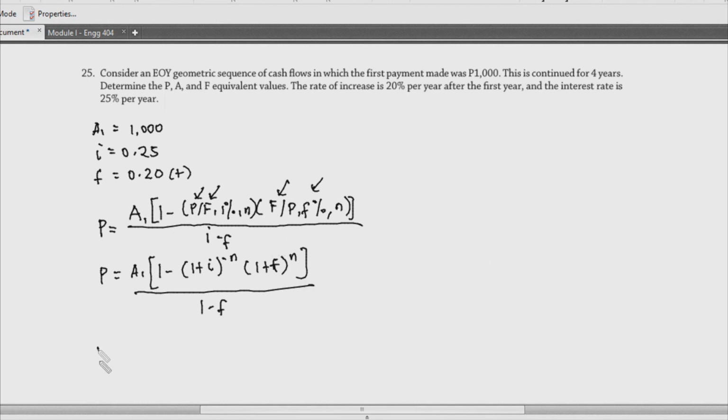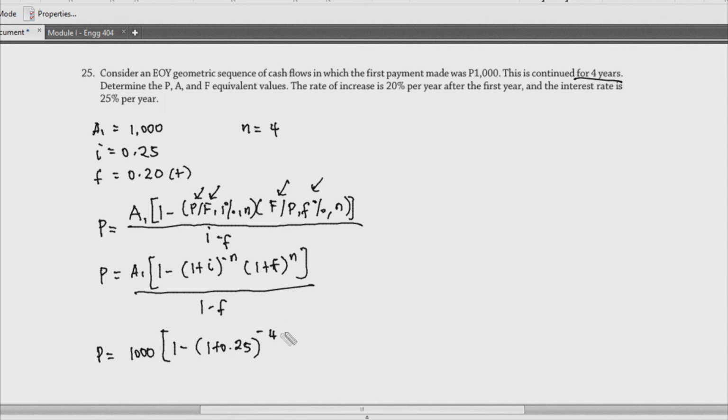Let's solve for this. So we have P is equal to 1,000 times 1 minus 1 plus 0.25 raised to negative, however many years we'll be doing this. So N is equal to 4, 4 years.